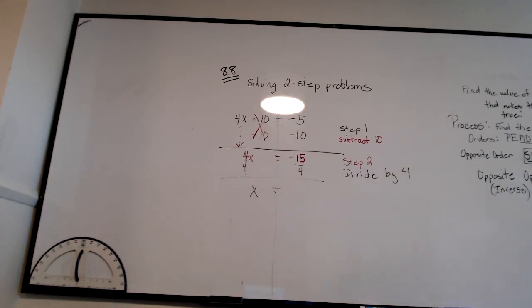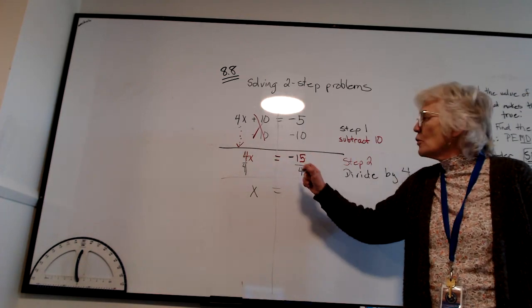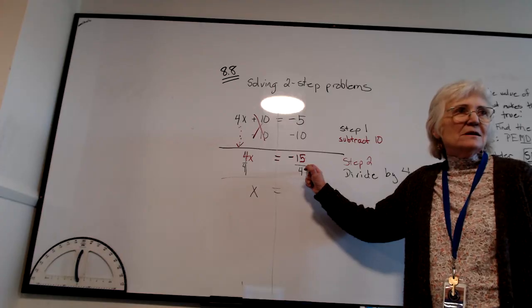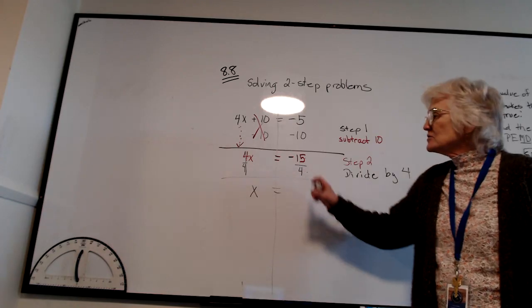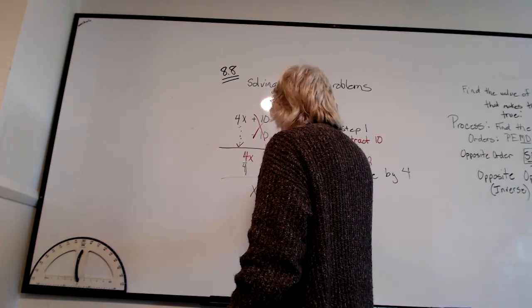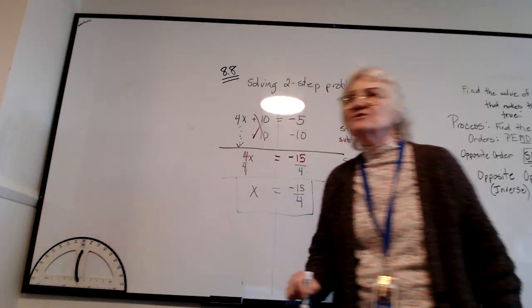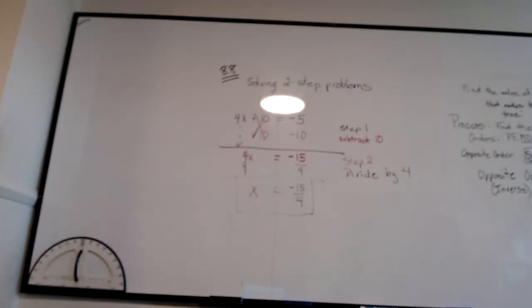I can't reduce it because there is no number that divides into 15 or into 4 that's the same. So we can put our answer as -15 fourths because that is an improper fraction that is simplified.